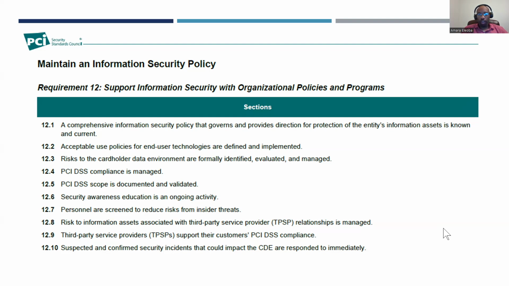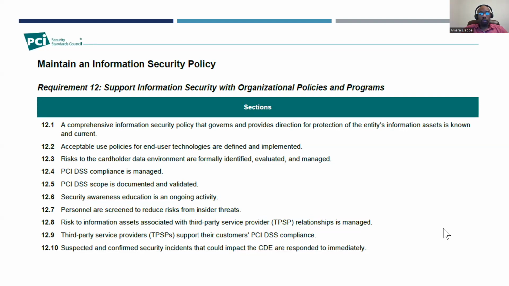Then 12.3, risks to the cardholder data environment. We want to make sure it is formalized, and also identifies, evaluates, and manages risk. So that's what 12.3 addresses, the risk to your CDE.